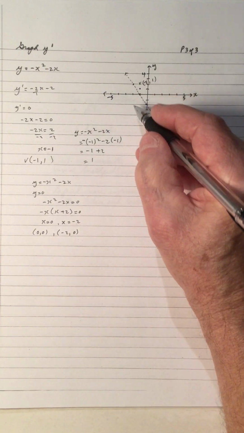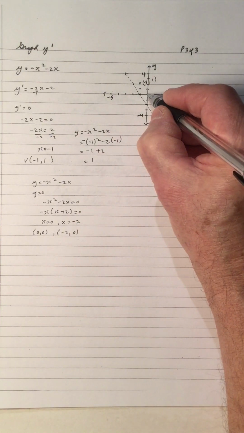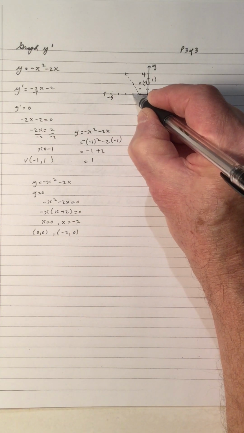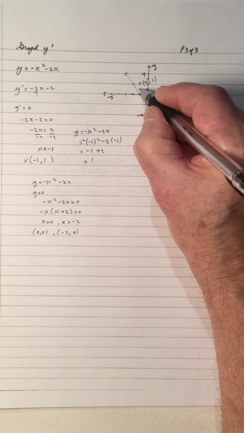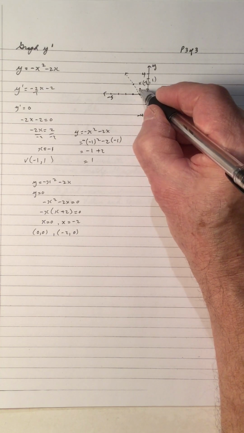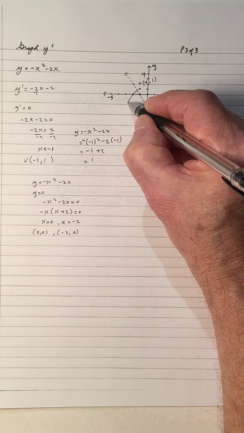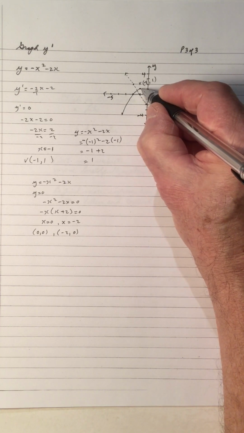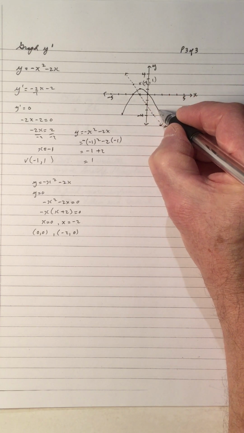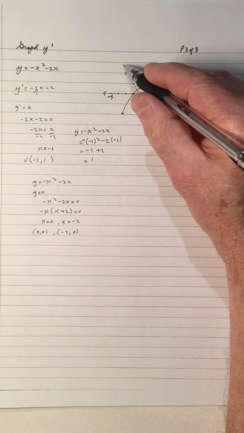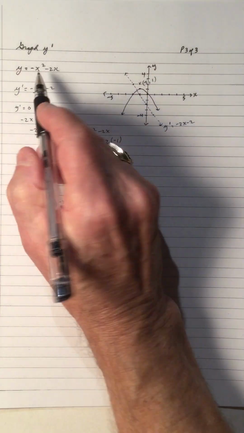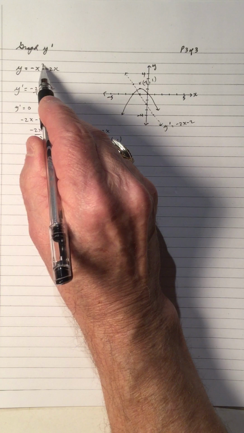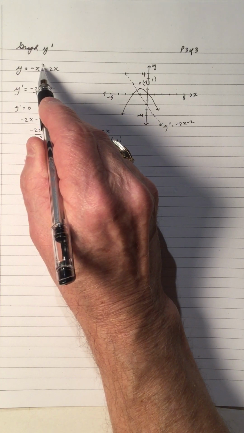So these are the x-intercepts at 0 and negative 2. The vertex is negative 1, 1. So this is the parabola that we have, like this. And the derivative is a linear. Again, this is a quadratic, degree 2. Derivative is a linear.